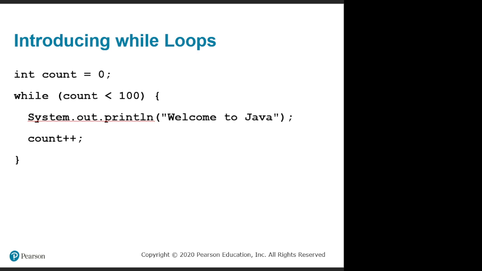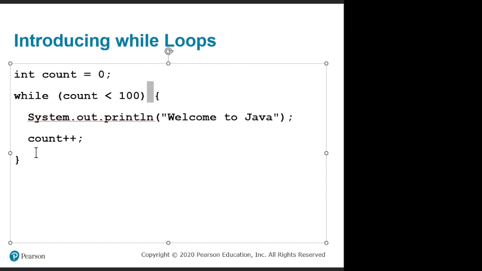In this case, we are setting into the memory space integer count equals 0, and then while count less than 100. So the while count less than 100 part of this is a comparison operation. It's doing a comparison that checks the value of count, and if it's less than 100, or if that comparison is true, it's going to execute what's inside these blocks here.